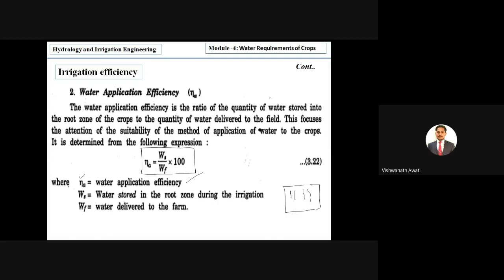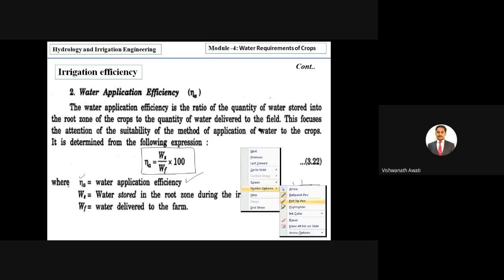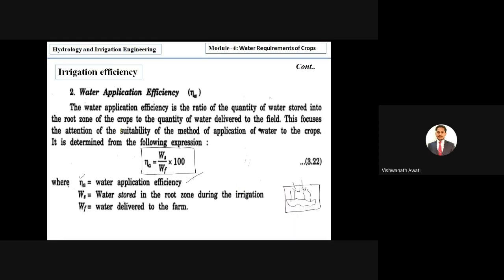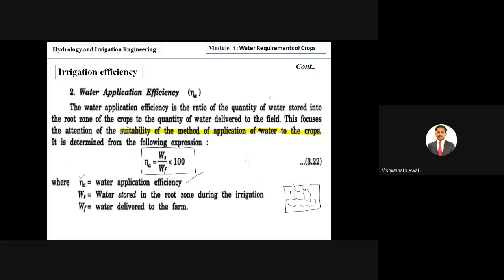How much water is stored in the root zone compared to how much water is supplied from outside, and the losses in between, will be calculated, and the efficiency is calculated with the help of water application efficiency. It mainly focuses on the suitability of the method of application of water to the crops, right?